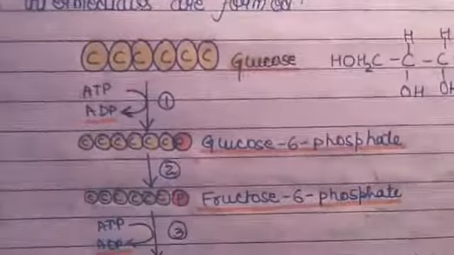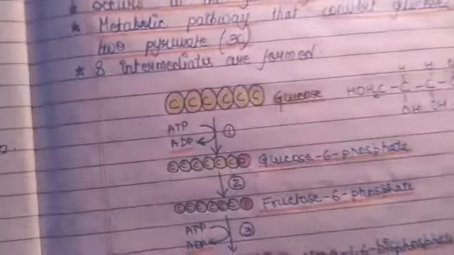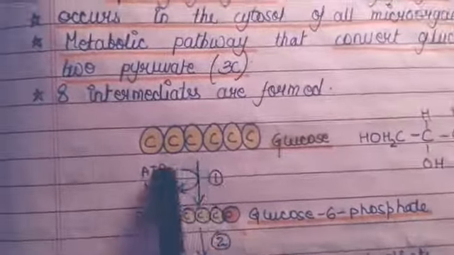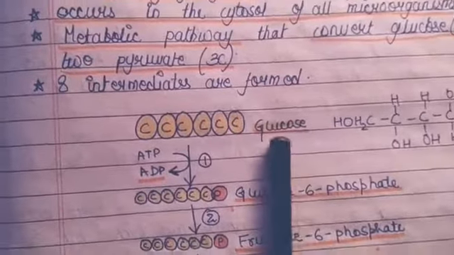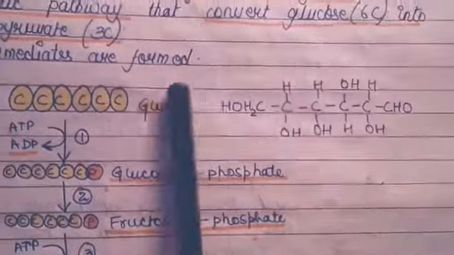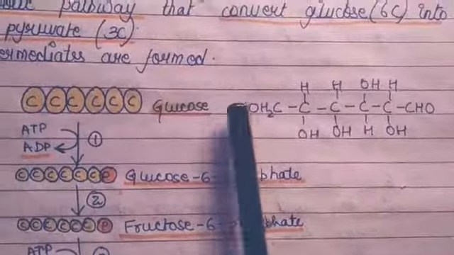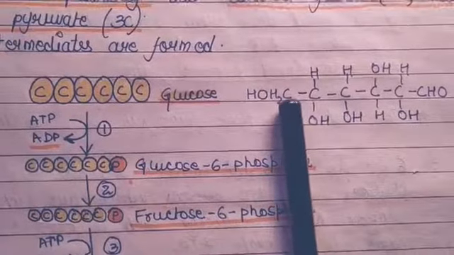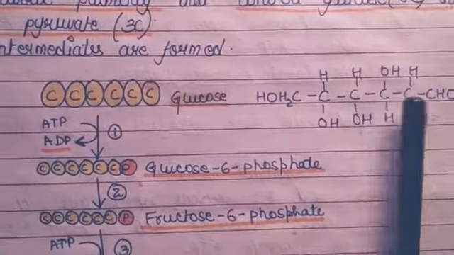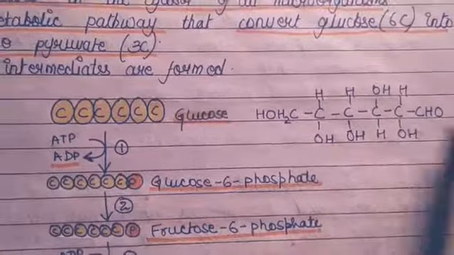From the start, we can see glucose. The structure of glucose is somewhat like this. Here we can see 1, 2, 3, 4, 5, 6 carbons in this glucose.